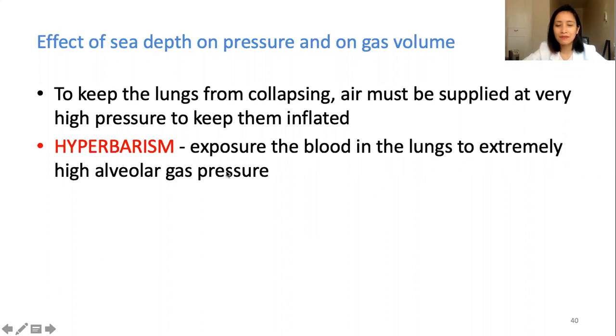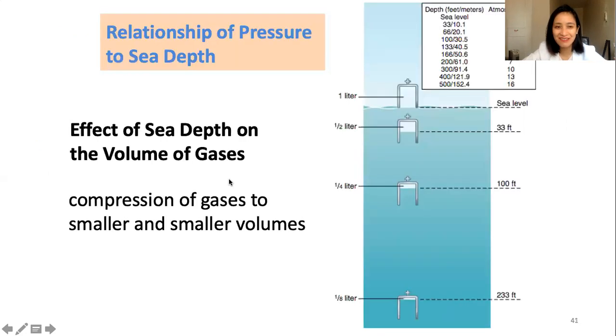Hyperbarism happens if the blood in the lungs is exposed to very high alveolar gas pressure, which happens at very low depths in the ocean, far below sea level. So what happens as you go down the sea?